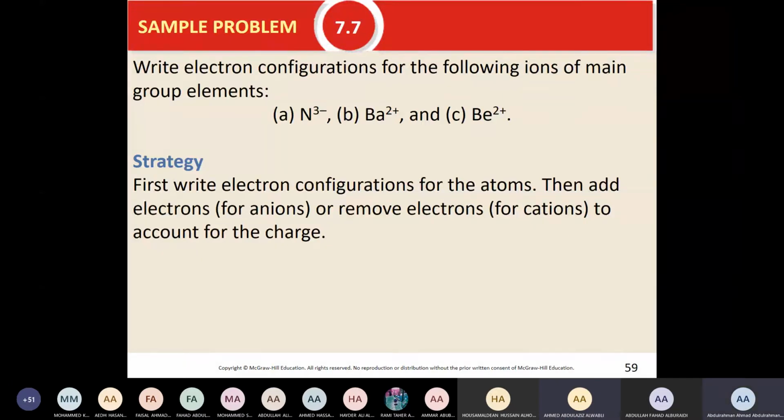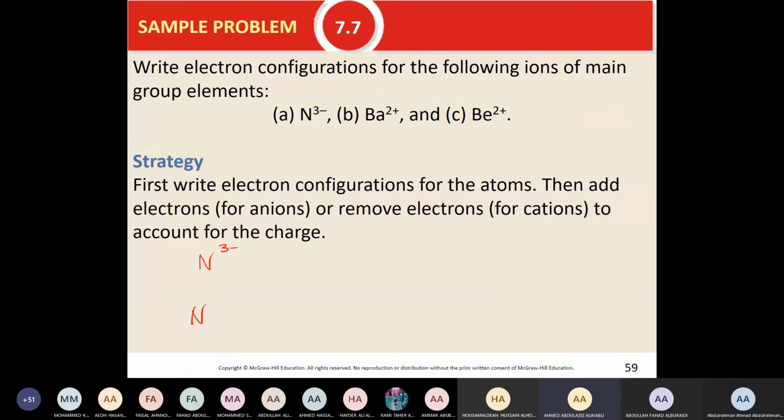Okay, write the electronic structure of N3 minus, the one who asked in particular and everybody. Before we do this, write the electronic structure of nitrogen. What's the electronic structure of nitrogen?